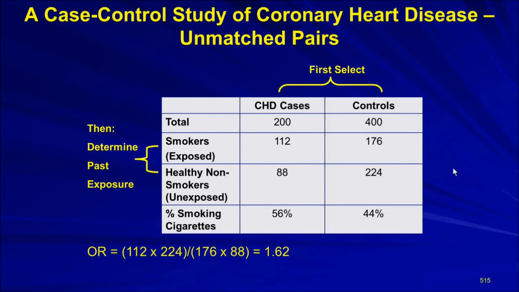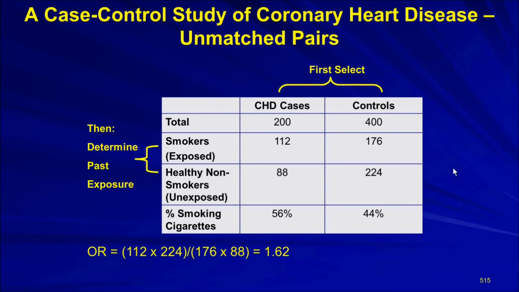And the odds ratio is 1.62. Now you interpret that 1.62 the same way we did for relative risk. There's no difference in that interpretation. So it's an estimate of relative risk, and we talked about when it is a good estimate.